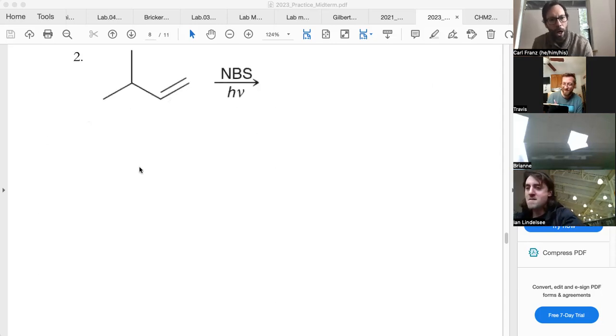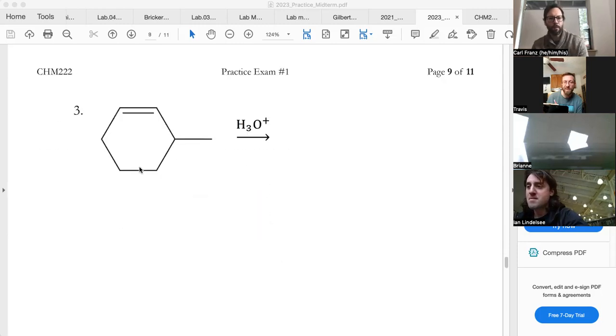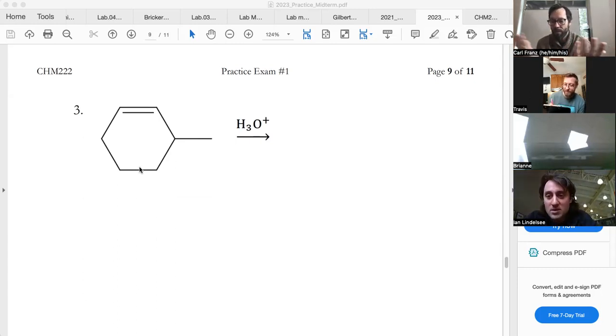Okay, all right. Let's do this last one. What's happening here? Acid catalyzed hydration. We're taking that alkene, adding an OH. And there can be rearrangement.